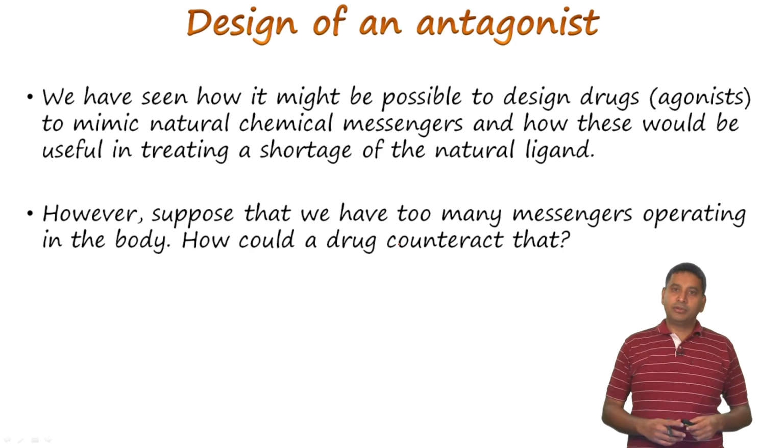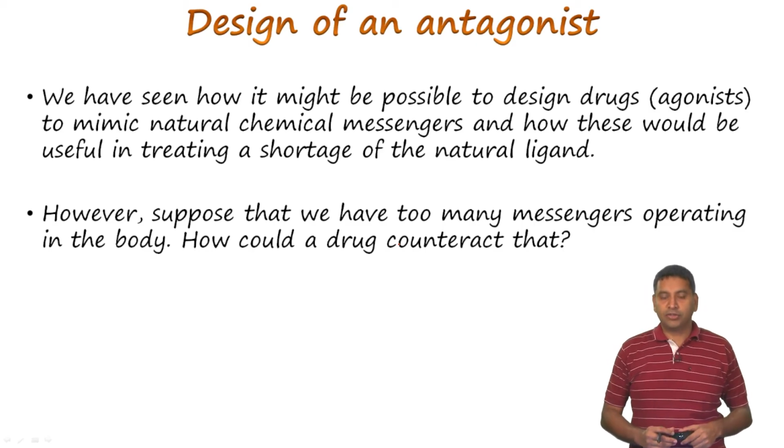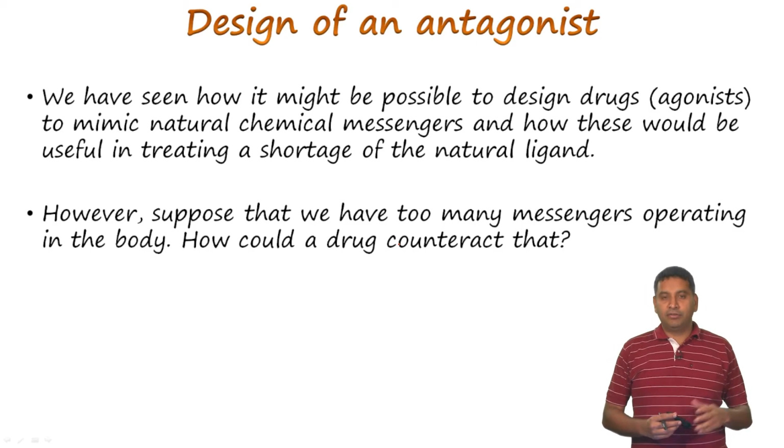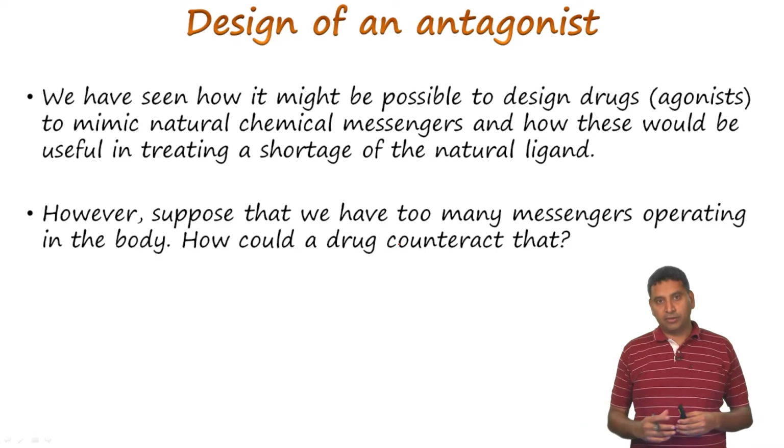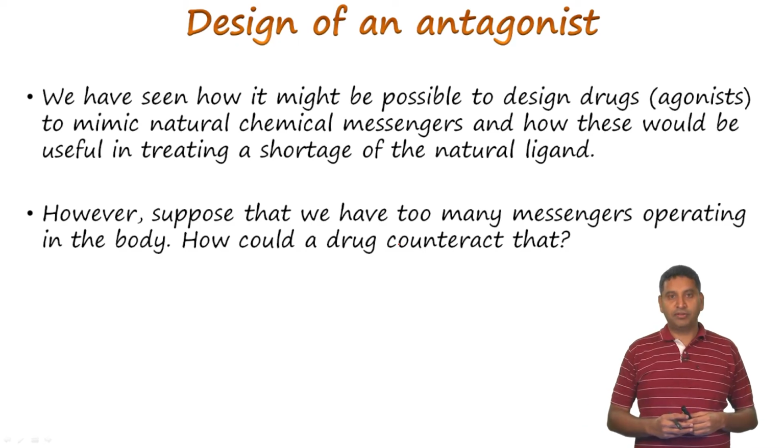Now, let us look at the principles of an antagonist and how to design one. We looked in the previous lecture at how to design drugs that can activate a receptor to obtain a biological effect.